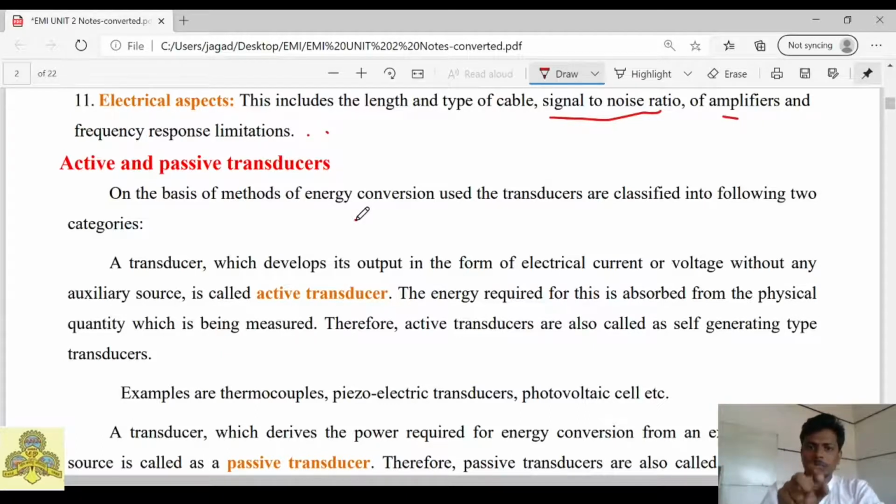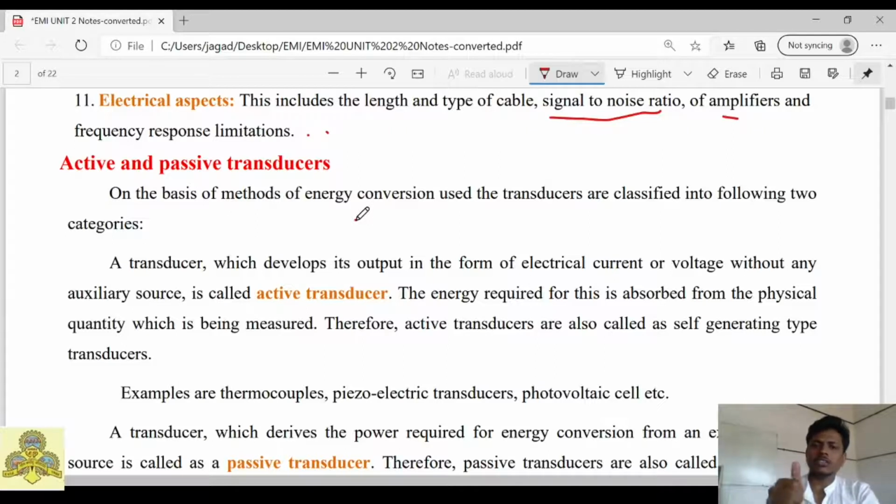So there are two types of transducer now: active and passive transducers. Active transducers are those that don't need any electrical or auxiliary source for conversion. That is the example of a photovoltaic cell.